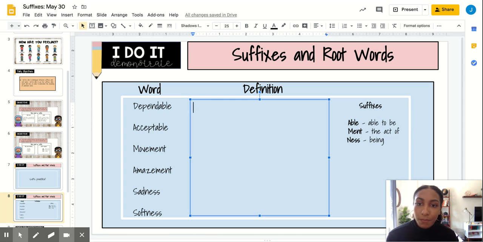So dependable. What part of that is our root word? Yeah, it's depend. We know that able is our suffix, so the rest of the word, depend, has to be our root word. And depend can stand by itself and still have a meaning.